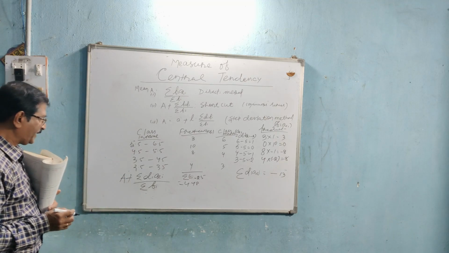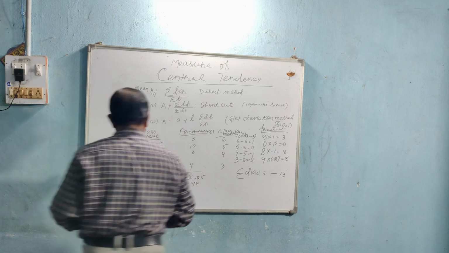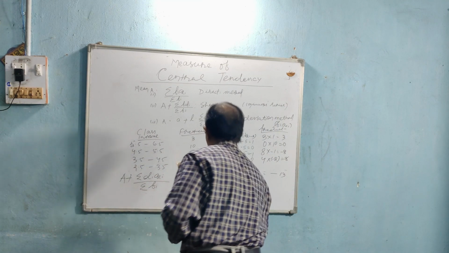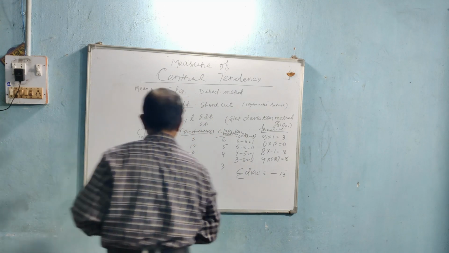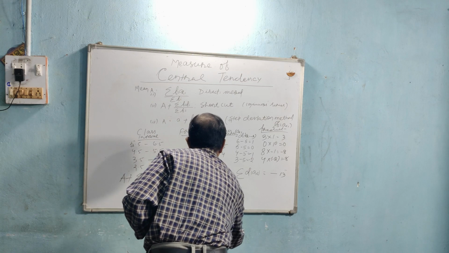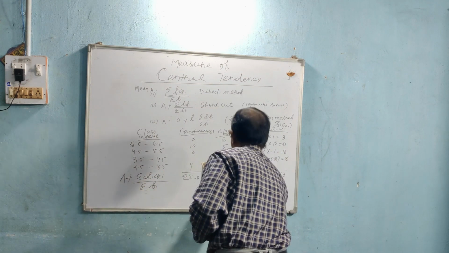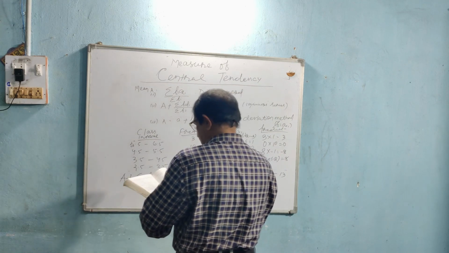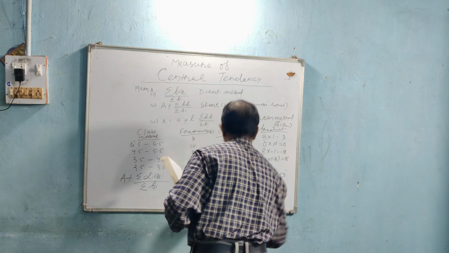Now you see, whenever we are finding through this method, your A value is 5. So A plus your sigma fi di has come -13, and divided by 25.